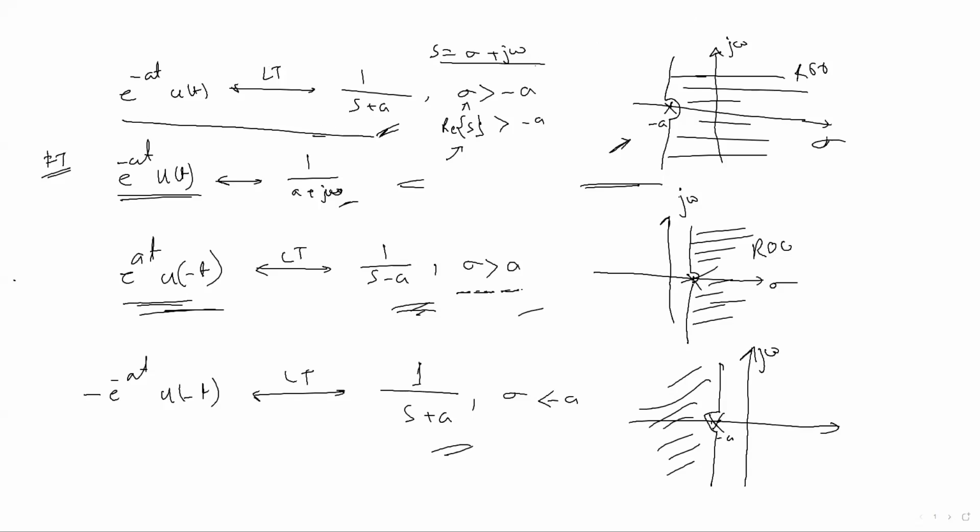The ROC of such a type of signal is sigma greater than -a. Here one signal has a equal to 2, the other has a equal to 3. That's why we have both cases, and this is required to draw the ROC plot. You should know this.